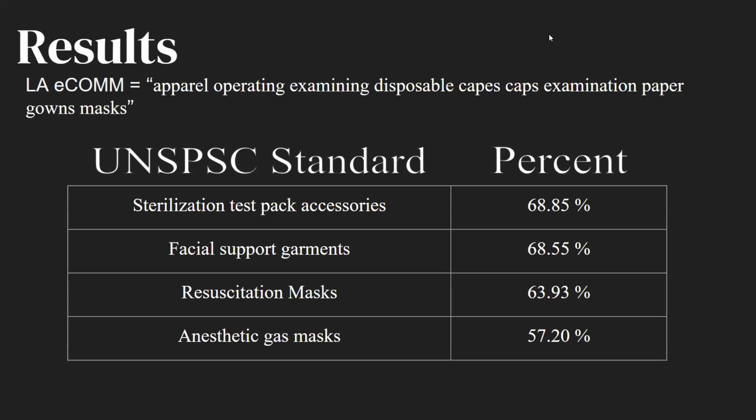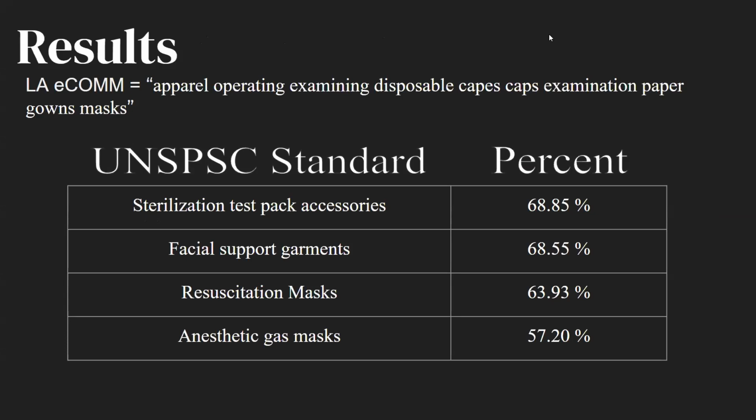Using our algorithm, this is one of the many results we gathered. This example shows the results of an LA County standard with more words being compared against the UNSPSC standard. Like mentioned before, the UNSPSC is much larger when compared to the LA County, so some results would not be exact matches. Instead, it will be the top most similar.